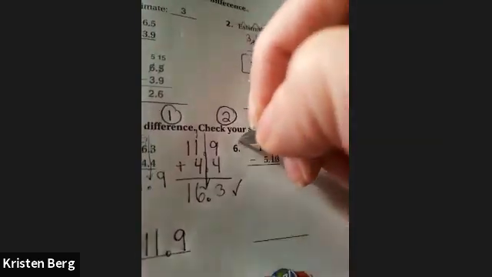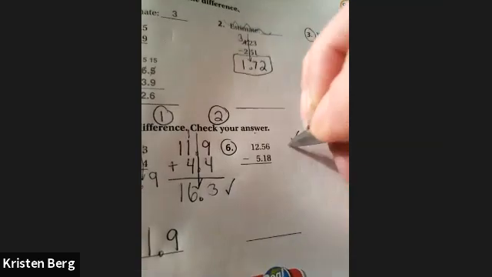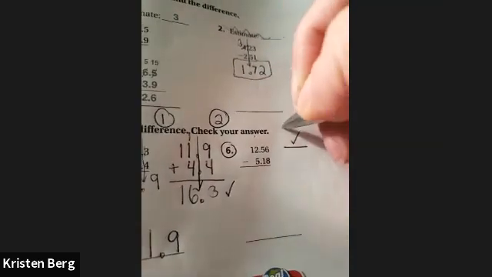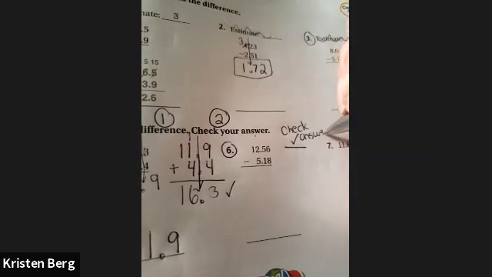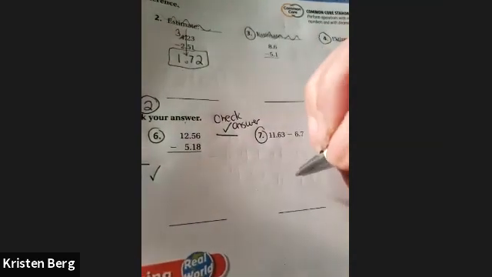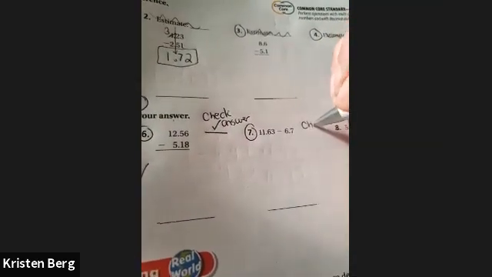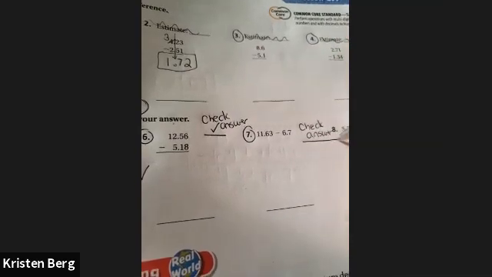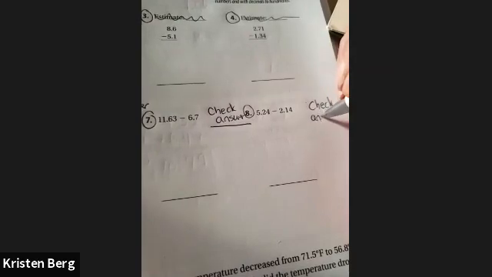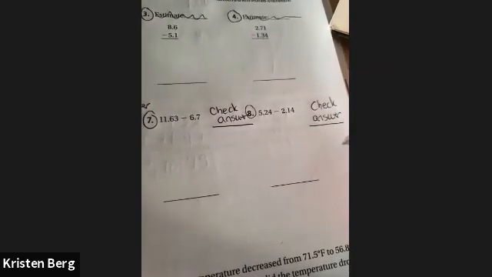Okay, so I want you to do number 6 and make sure you are checking your answer. Check answer. I'm going to write that off to the side here. And then same thing, 7, I want you to do the problem and check answer. And then 8, I want you to do that and check the answer right below here.